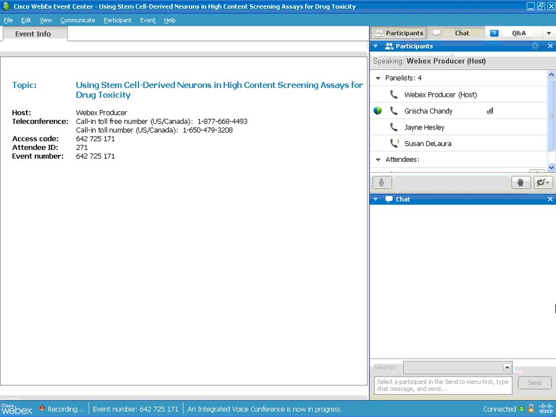Another question that I did see was how long can I expose the neurons to compounds? That is really going to be dependent on your assay type as well as exactly how toxic the compound is to the cell. The neurons, we've kept them in culture way past 28 days. We've looked at the functionality of them definitely out to 28 days and a little bit beyond that as well.